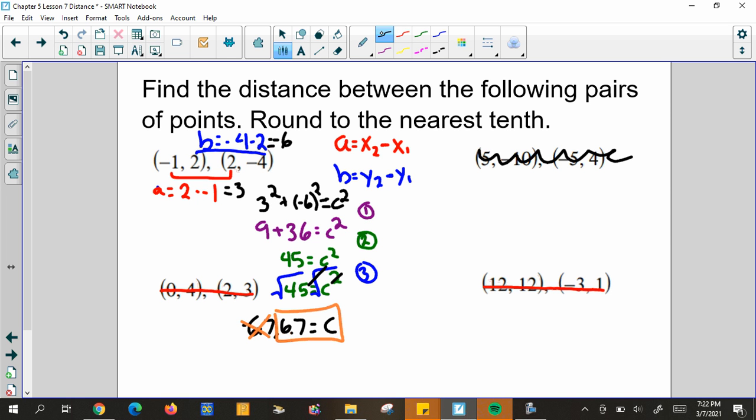If we are on the coordinate plane, y and x, and we have 2 points, our length here is C. Think about these 2 points as if we were trying to find their slope.